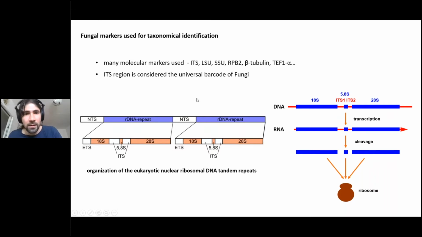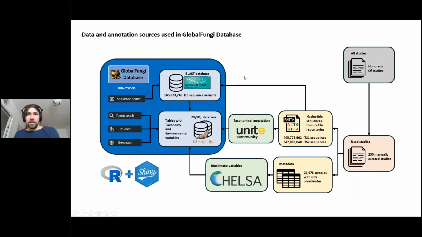And okay, here is a scheme which is describing how the website is constructed, what is behind it, what are the annotation sources. On the right side you can see the gray part with all those studies.